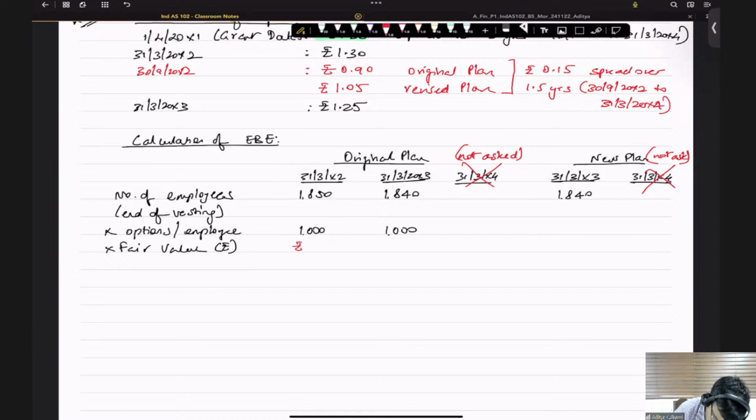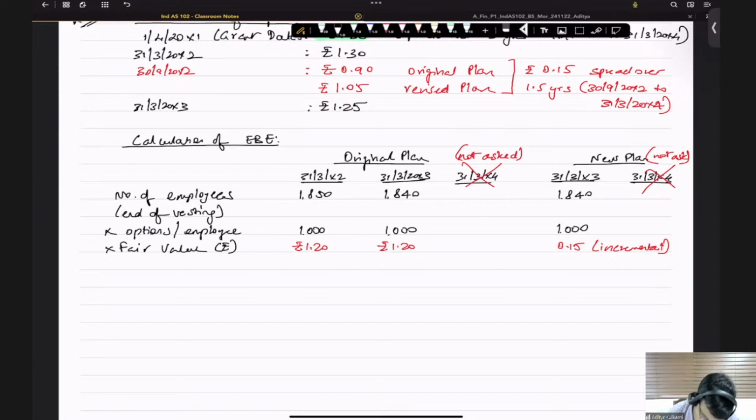This is the original plan, 1.2. Then you have modified, so this will be incremental. Again 1000 options only.